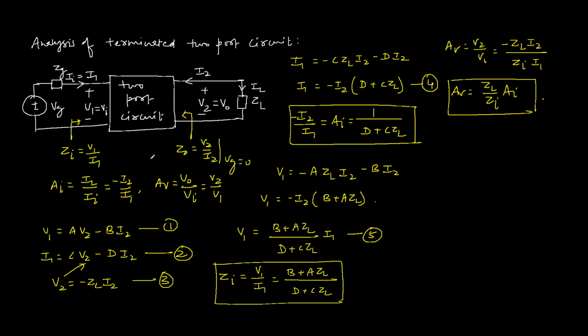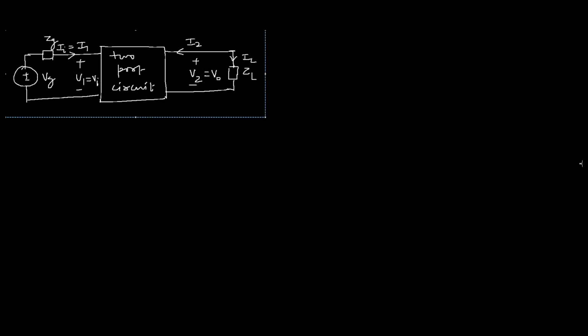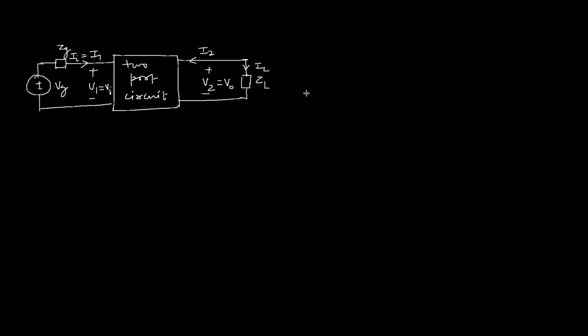Now we have to find out the output impedance. So let us redraw the circuit. For output impedance, we need to remove this load ZL because output impedance is the impedance of the circuit looking from the output port. So no need to keep the load impedance.